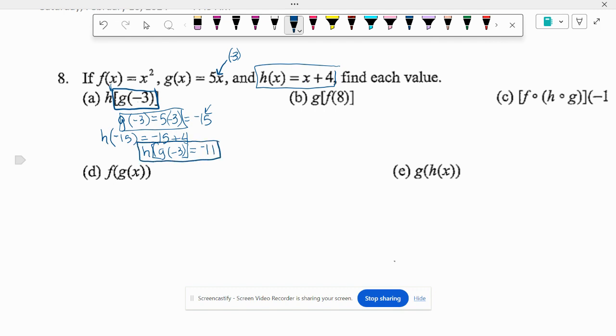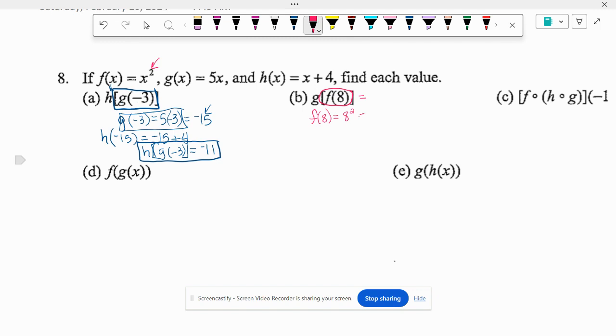You always start with the function on the far right. Okay, so let's do the next one. G of f of 8. The first thing I'm going to do is evaluate the f function for x equals 8. So f of 8 is really just 8 squared because the function is x squared.